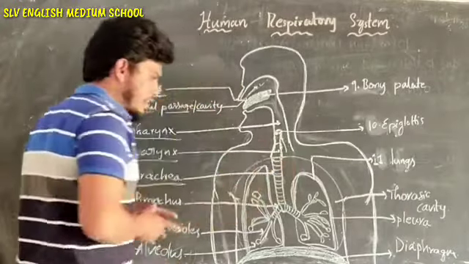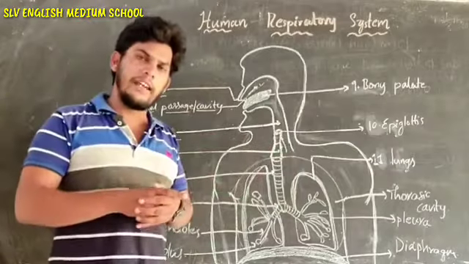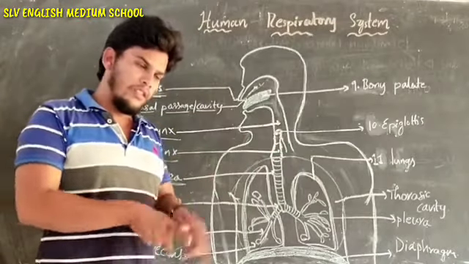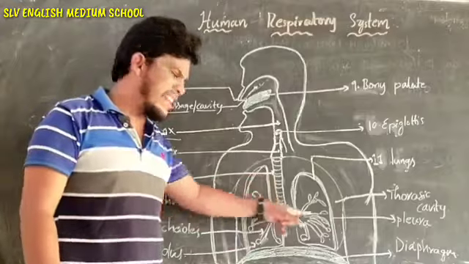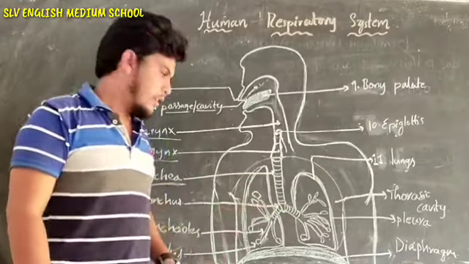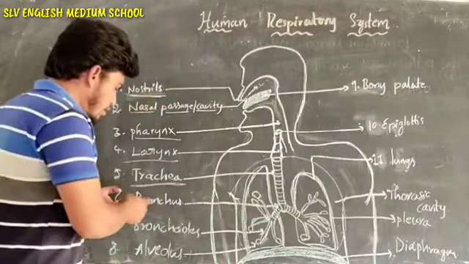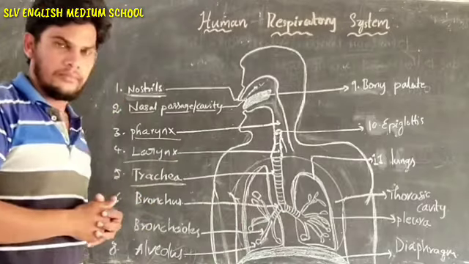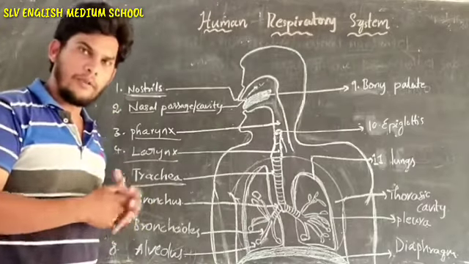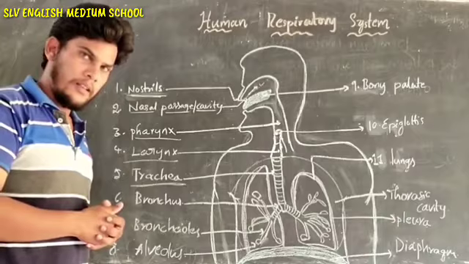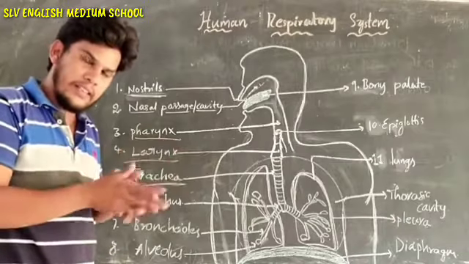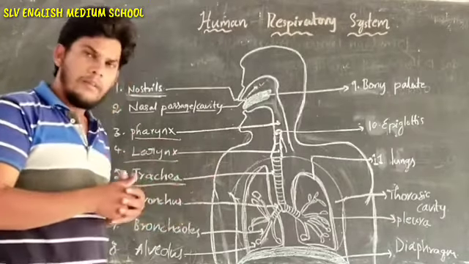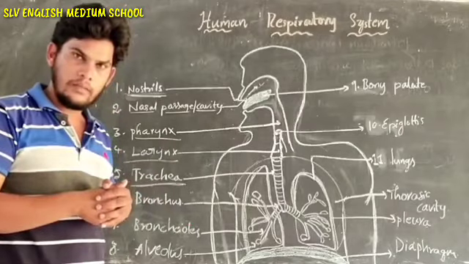The trachea is divided into 2 sub-branches. These 2 sub-branches open into each lung. Each branch is called a bronchus.